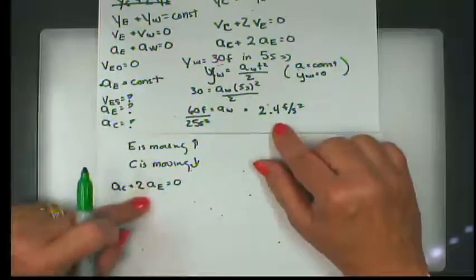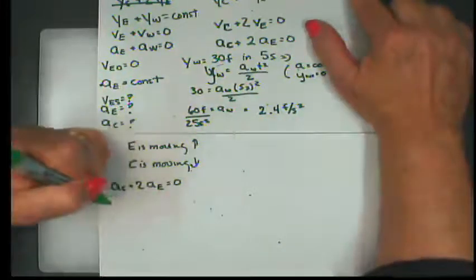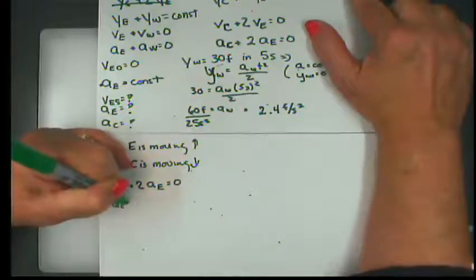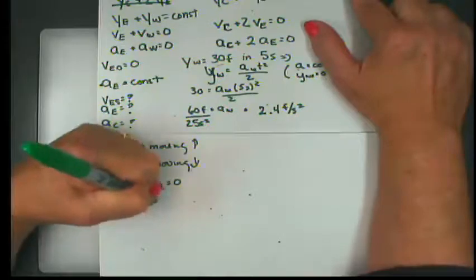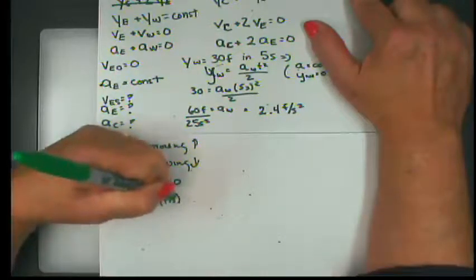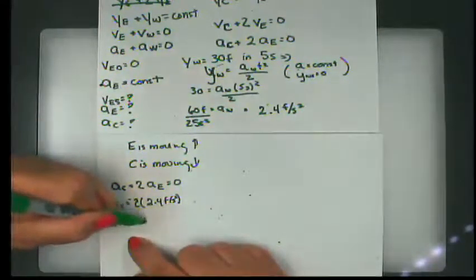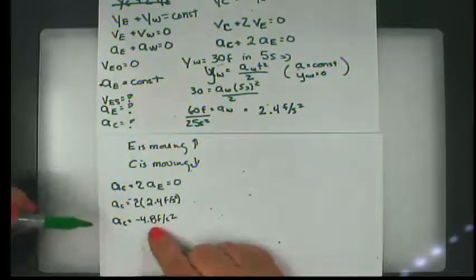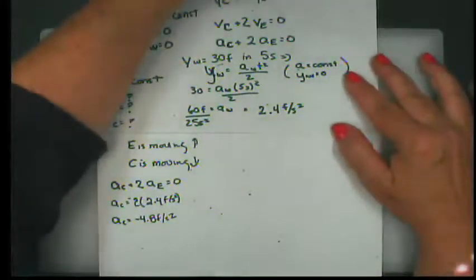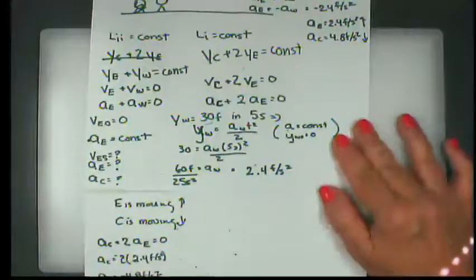And I know that the acceleration of E is equal to 2.4 up. So A sub C is equal to negative 2 times 2.4 feet per second squared, or the acceleration of C is equal to negative 4.8 feet per second squared. But what that really means is A sub C equals 4.8 feet per second squared down. Like that. Okay?